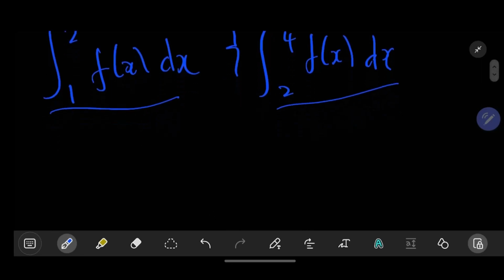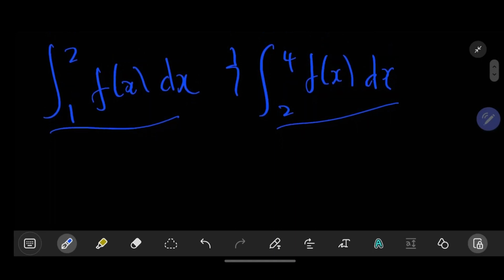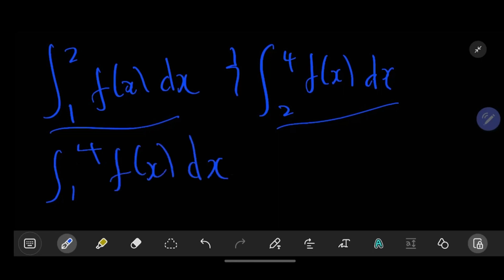And in this scenario, what if you are asked to find the integral from 1 to 4 of f of x dx? What do you think the answer is here? So I'm given this, I'm given that, and I am asked to find this.